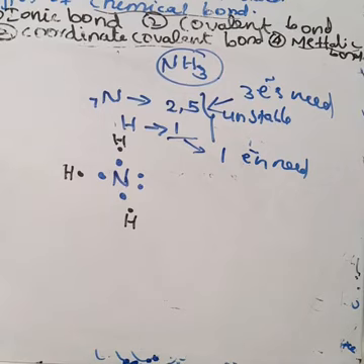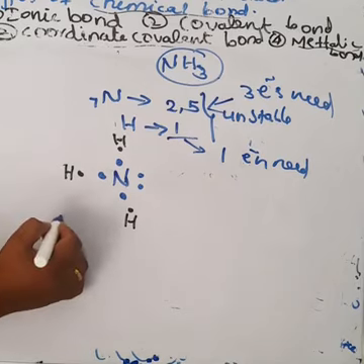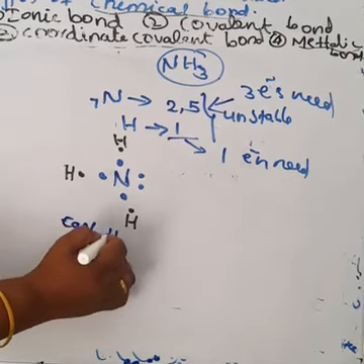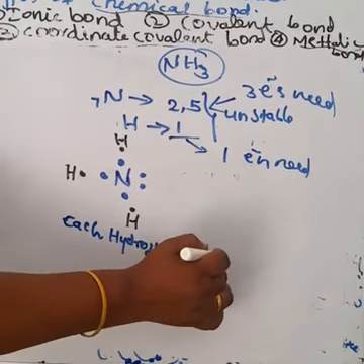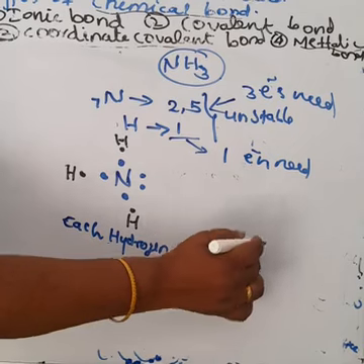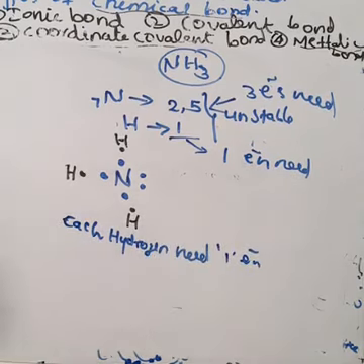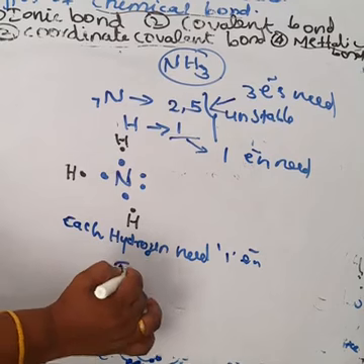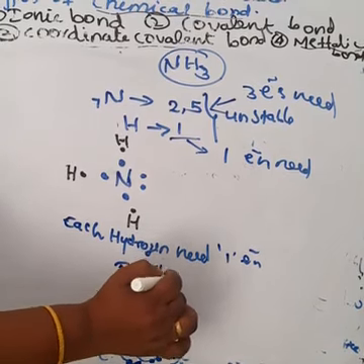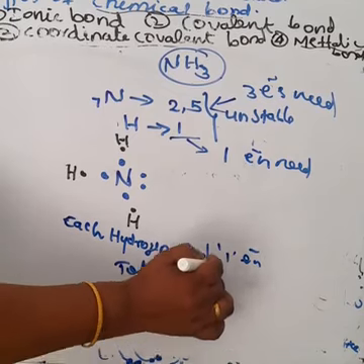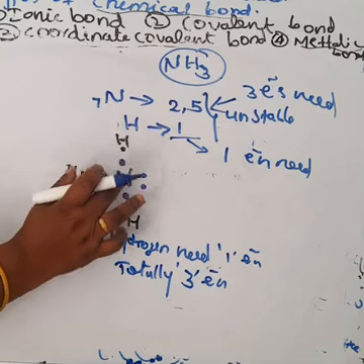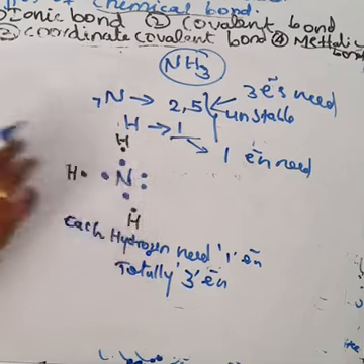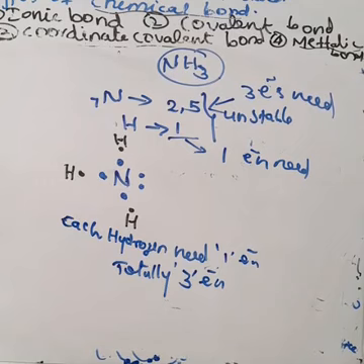Each hydrogen atom needs 1 electron, so totally the 3 hydrogen atoms need 3 electrons to get the stable duet or doublet configuration. But the nitrogen atom needs 3 electrons to get the stable octet configuration.